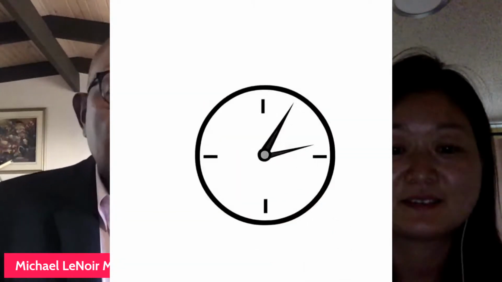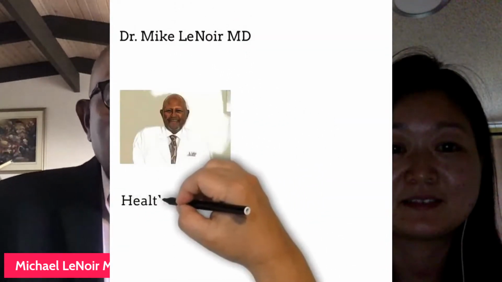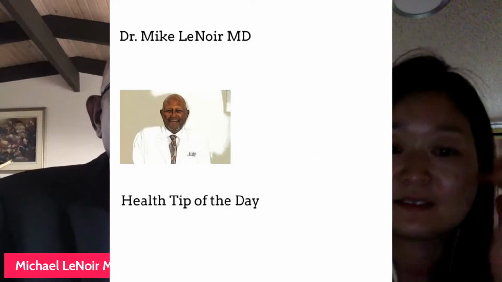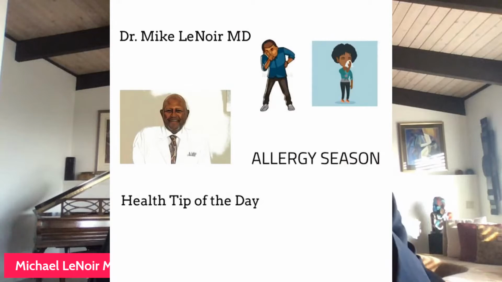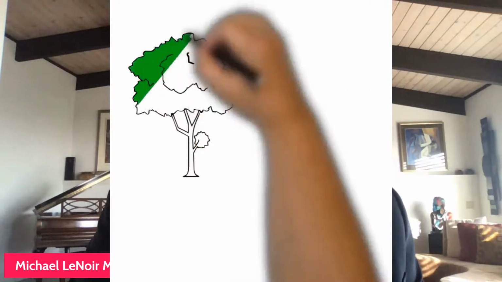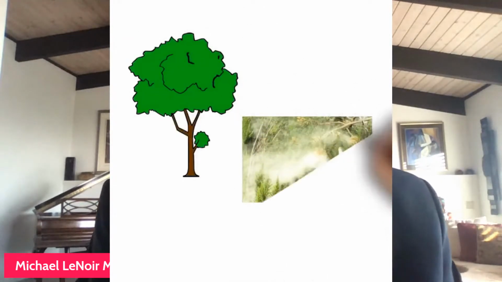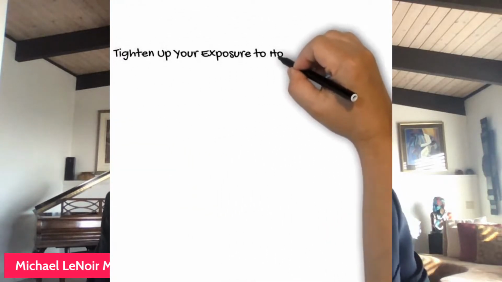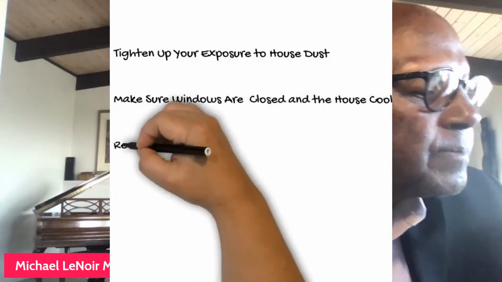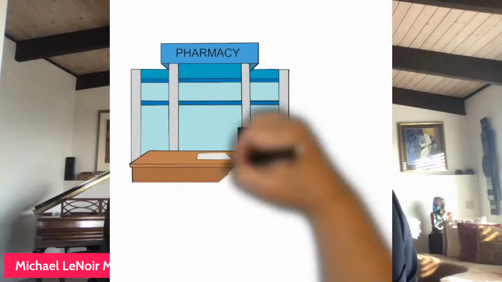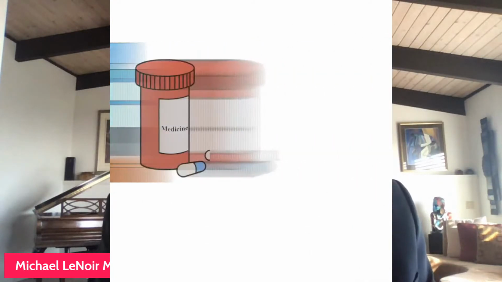I'm Dr. Michael Noor, with the African American Wellness Project's health tip of the day. Well, you can tell by the wheezing and the sneezing, it's allergy season. The trees have been blooming for a few weeks, and now the grasses are getting ready to do their thing. So now is a good time for those of you with serious pollen allergy to take some action. Since it's really hard to avoid pollen, medications become the stock in trade, and there are some good ones out there.